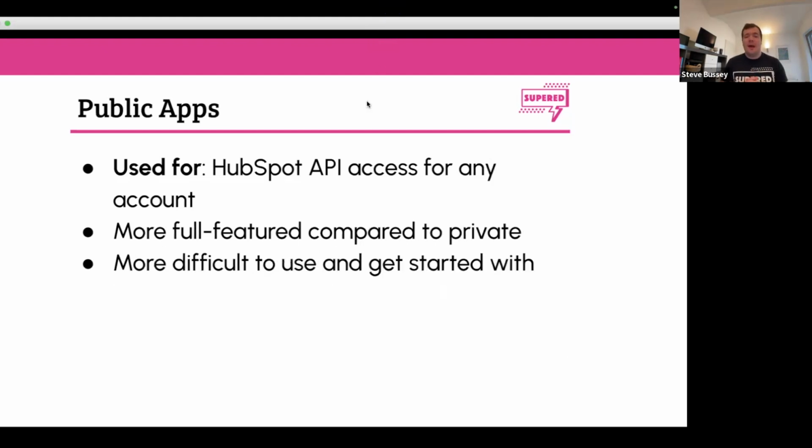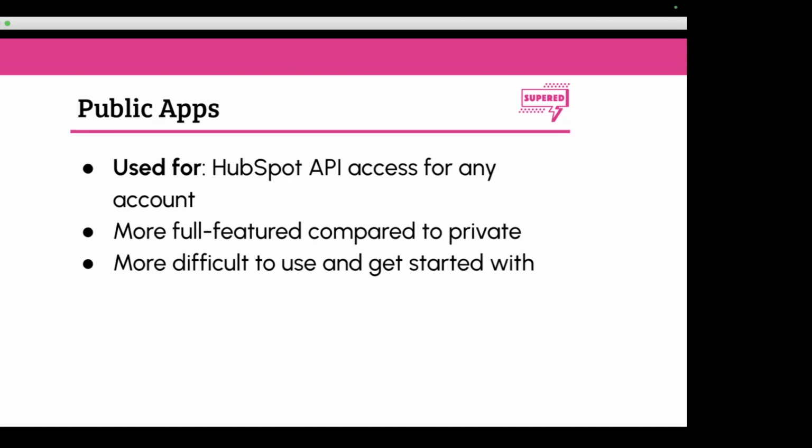apps. Public apps, these are used for HubSpot API access for any account. What this means is when you build a public app and you want to start using the API, you have to go through an additional process in order to be able to do that. I didn't put the name of it here, but it's called OAuth.